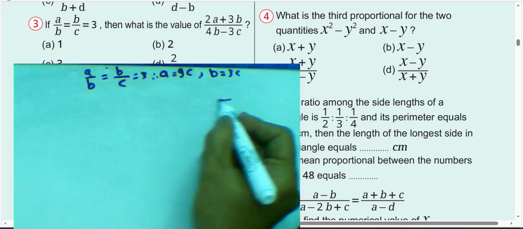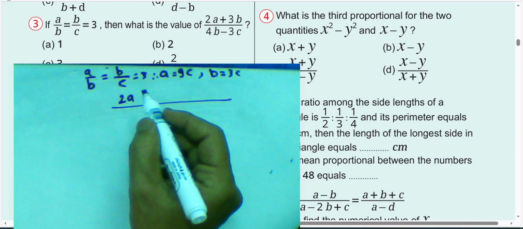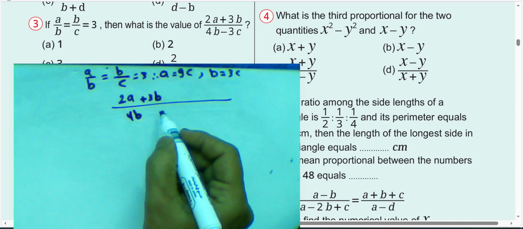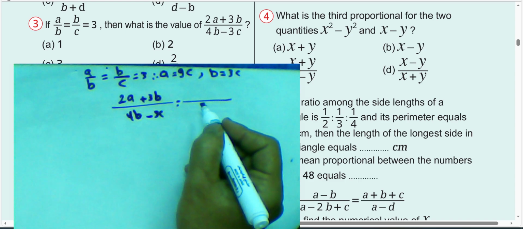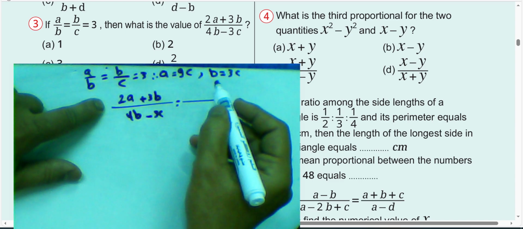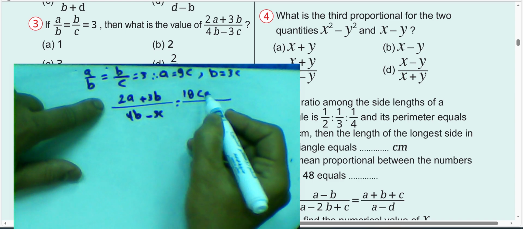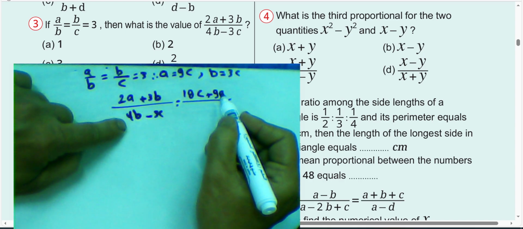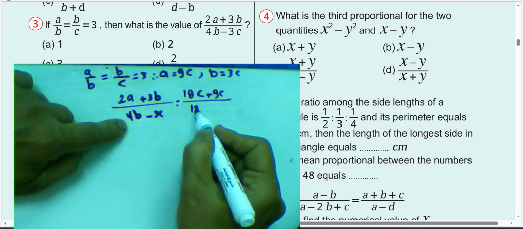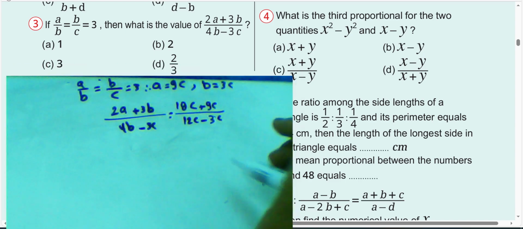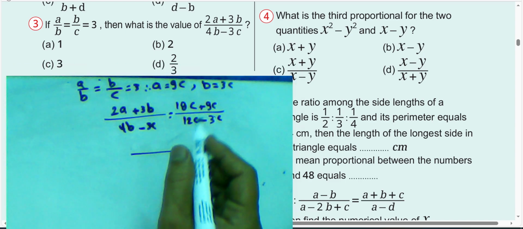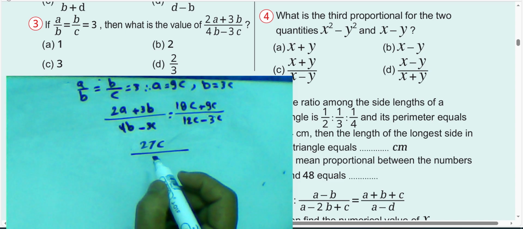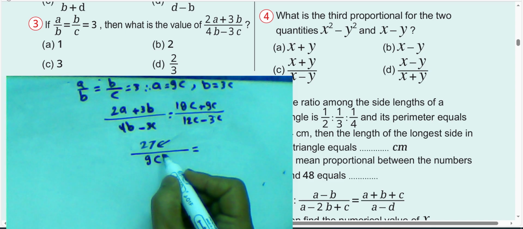Okay, now we can find the answer for this expression: (2A plus 3B) over (4B minus 3C) equals 2 times 9C, which is 18C, plus 3 times B, 3 times 3 equals 9, over 4 times B, 4 times 3 is 12, and minus 3 times C. 18 plus 9 is 27, 12 minus 3 is 9. 27C divided by 9C equals 3.